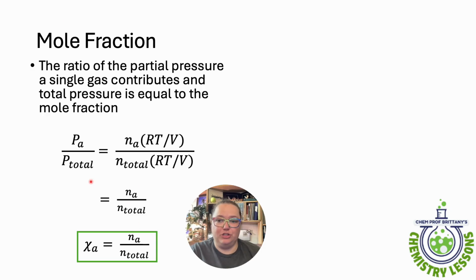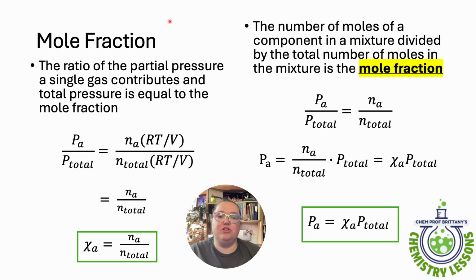So our mole fraction we can use to help figure out whatever the partial pressure of a gas is. So the number of moles of a component in a mixture divided by the total number of moles is the mole fraction. And it is equal to the pressure of that gas over the total pressure.